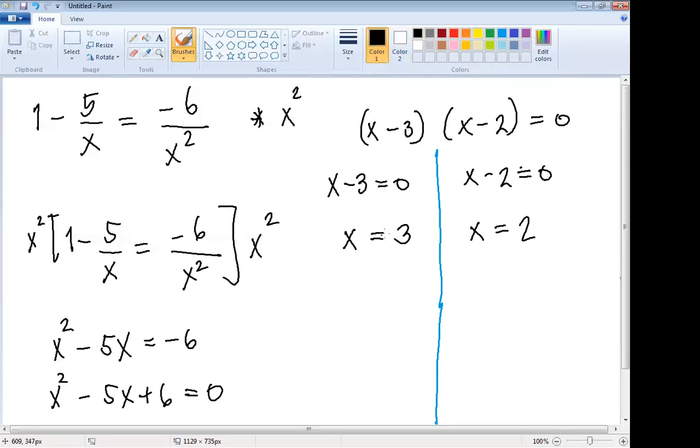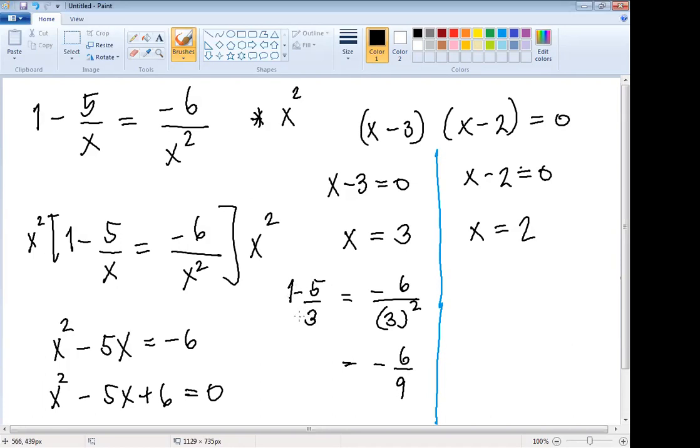Okay, if x is equal to 3, we will have 1 minus 5 over 3 equals negative 6 over 3 squared. So therefore this one is negative 6 over 9. Then here we will make the same denominator.